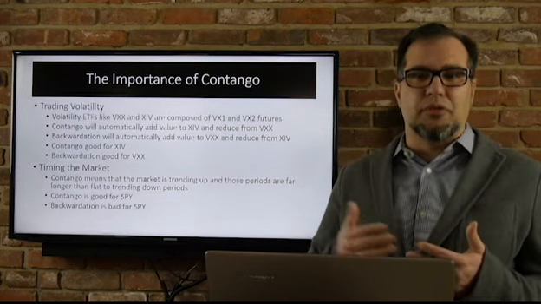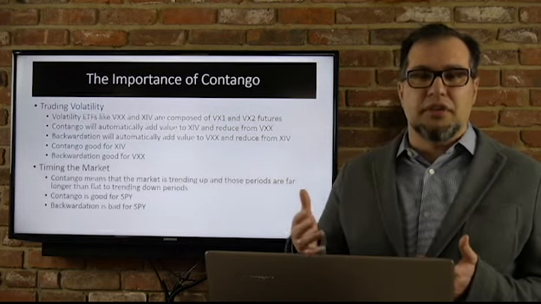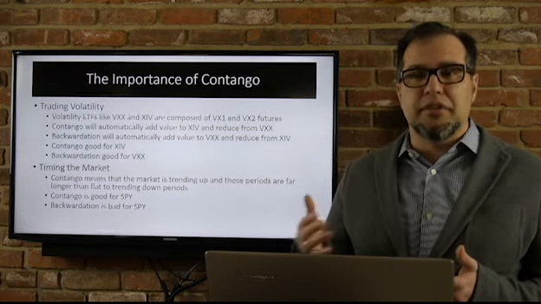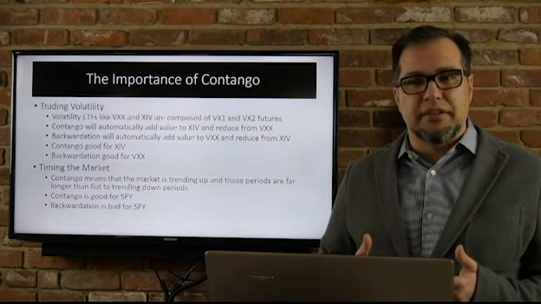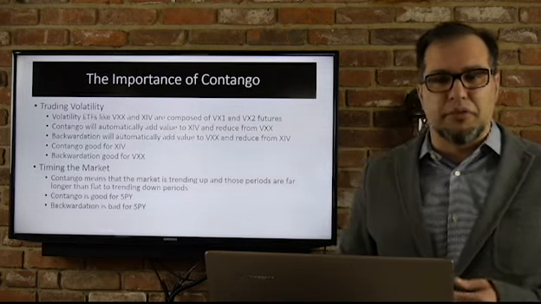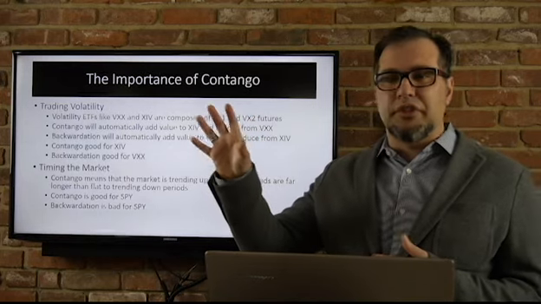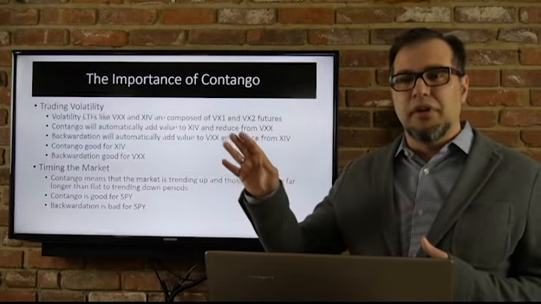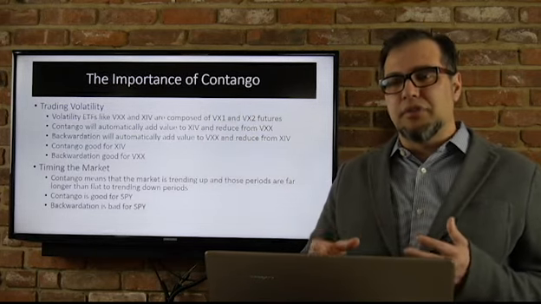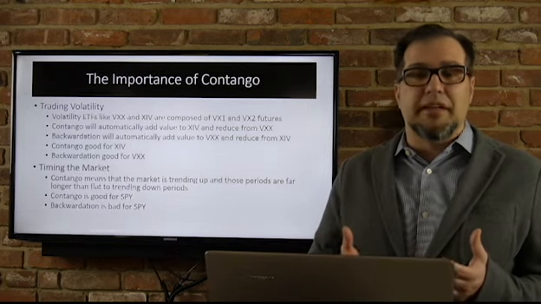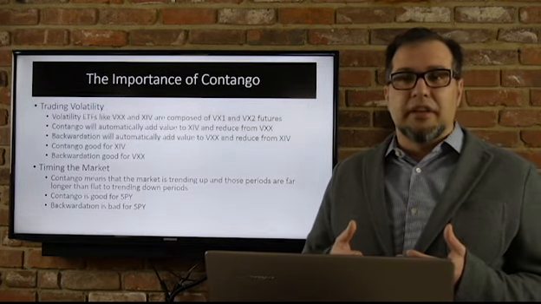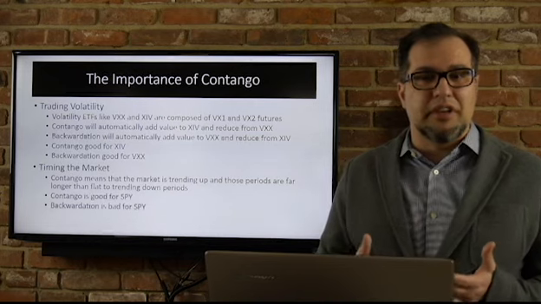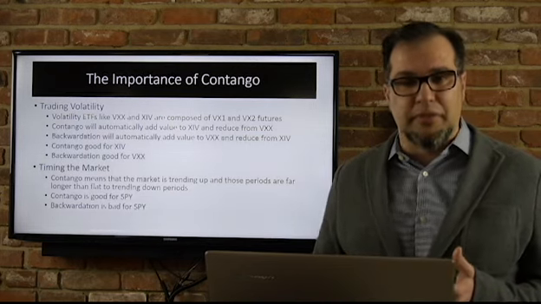The XAV, the short volatility ETF, would short the VX2 future, and then it will cover it, buy back the VX1 future. And so long as the VIX futures curve is in contango, the short volatility ETF will automatically make a little bit of money every day, and the VXX, the long volatility ETF, will lose a little bit of money every day.